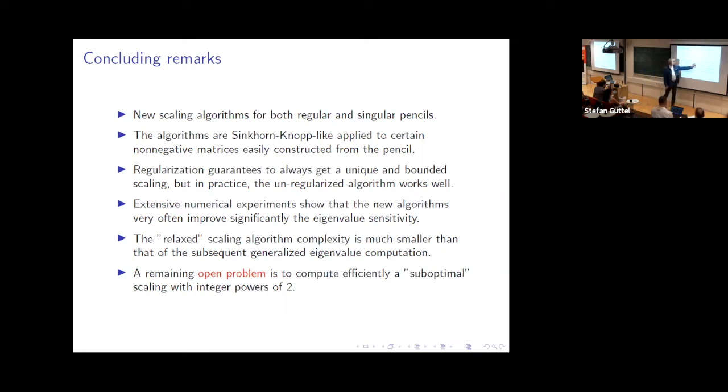But the unregularized problem, if you don't do regularization, usually works fine also, even though we cannot prove convergence, but we don't really need convergence. We just need a few steps of this algorithm. And this is something that we, for the moment, still don't understand, and for which there is an open problem. I would welcome somebody like Philip to work on this, or any other student that Nick has.